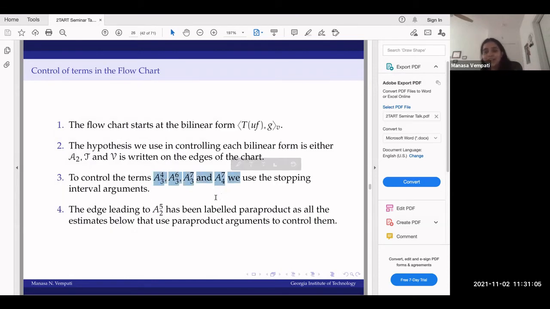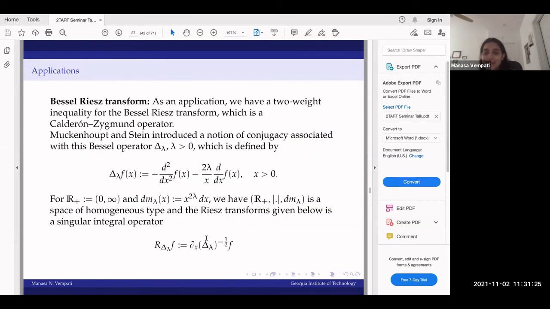I'm not going to state all the technical details of the proof, but I've numbered all the terms that use the stopping time arguments. And we have some other terms that use the paraproduct arguments. Now the proof is extremely technical and a little large to show in this talk. So I'm going to go straight to examples and not bore you with the technicalities of the proof.